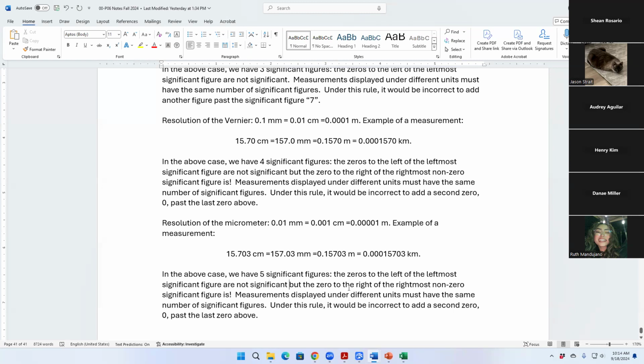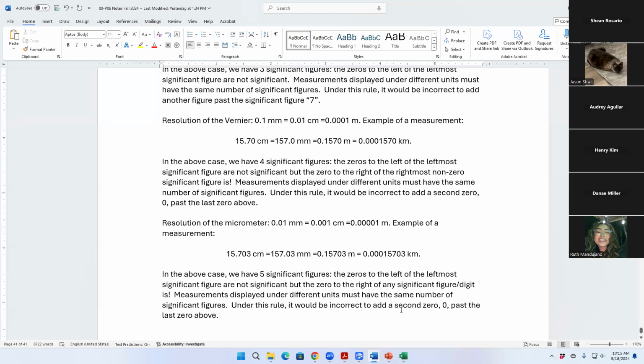But the zero to the right of any non-zero, doesn't have to be the rightmost, to the right of any significant figure, is significant. Significant figures, significant digits, the same thing. Measurements displayed under different units must have the same number of significant figures.